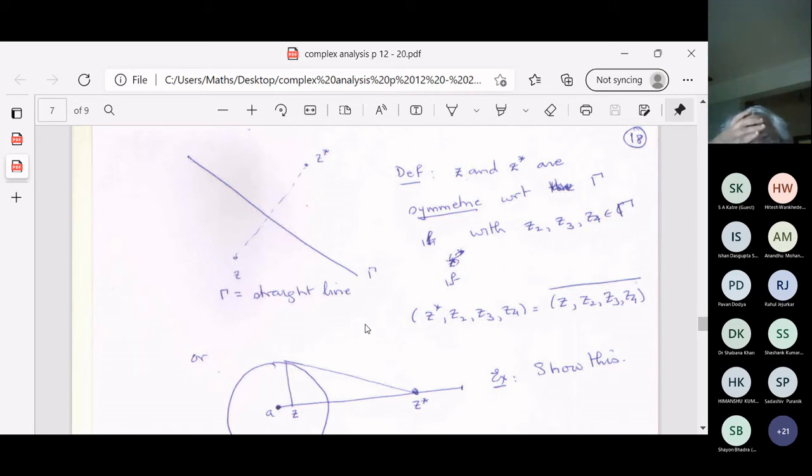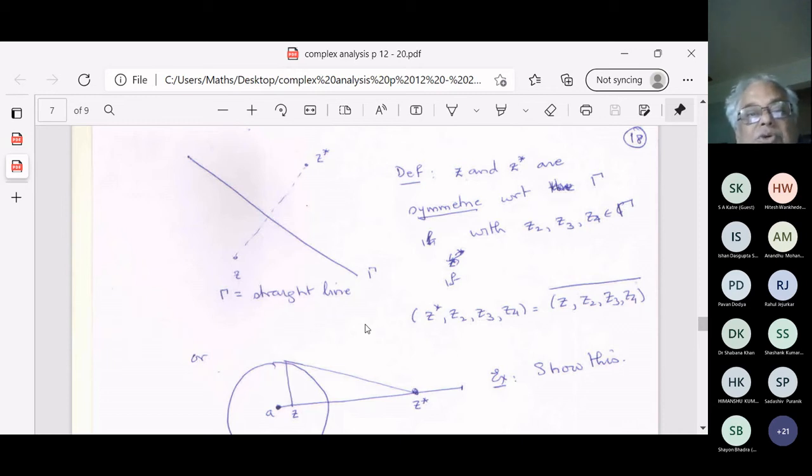So you have Rn, and in Rn, I have an n-1 dimensional plane, and you have a point in Rn, and I want to talk about the reflection of that point in the hyperplane. A hyperplane is what? Rn is n-dimensional. A hyperplane is an n-1 dimensional translation of a plane through the origin. Okay.